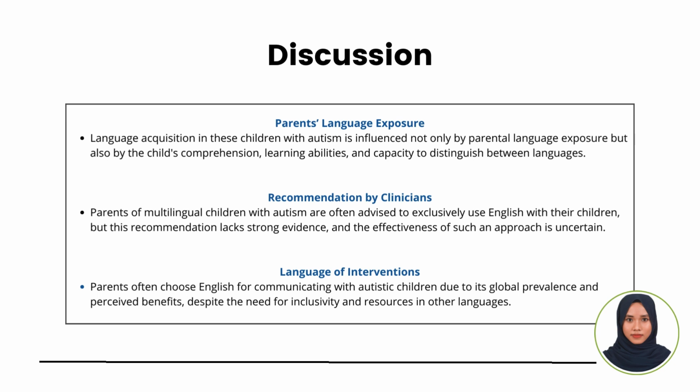However, while English may offer advantages such as improved academic skills and job opportunities, it is crucial to acknowledge the importance of providing interventions and resources in other languages to ensure inclusivity and meet the diverse linguistic needs of individuals with autism.